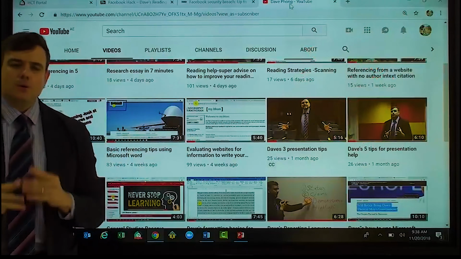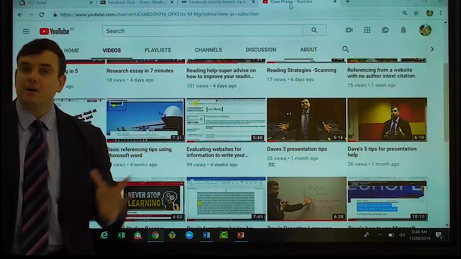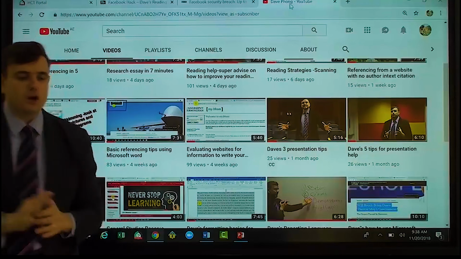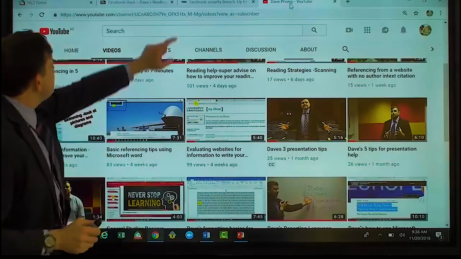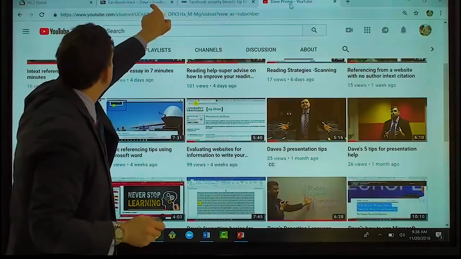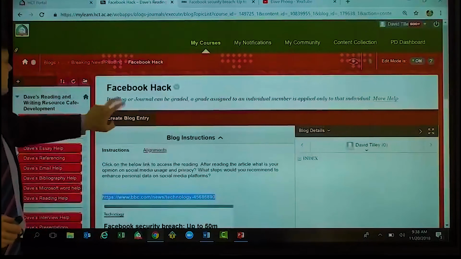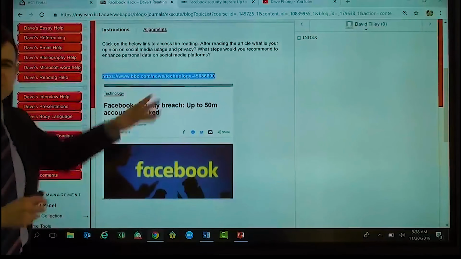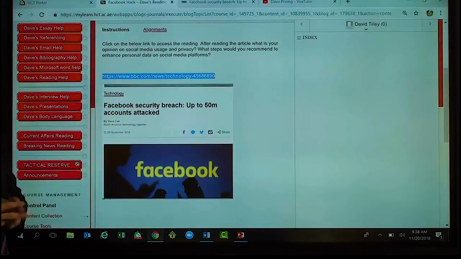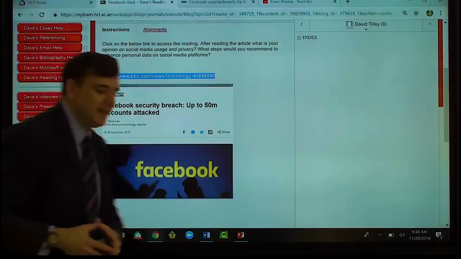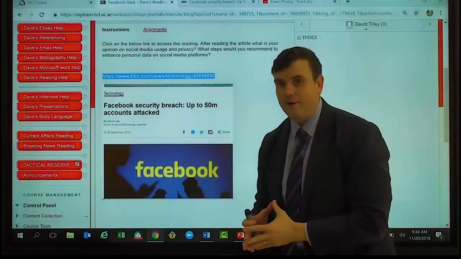We're going to look at an example here of how to Cornell Note Take with a document. So let's have a look at my course shell here. We're going to look at this article. It's about cybercrime: Facebook security breach, up to 50 million accounts hacked. Wow, that's quite a lot, right?